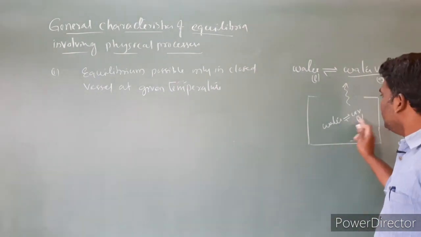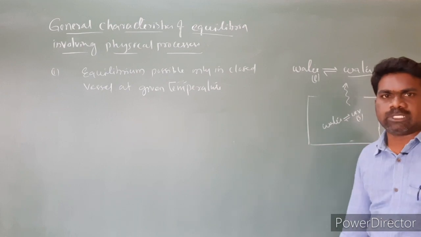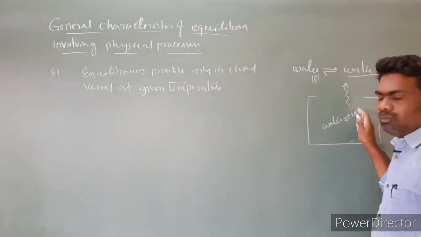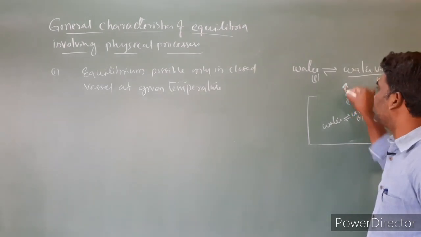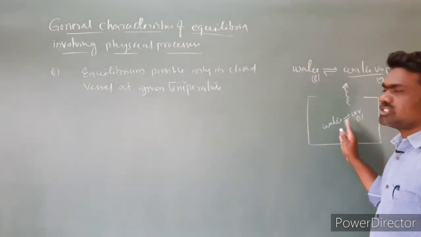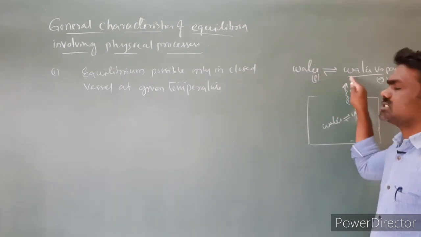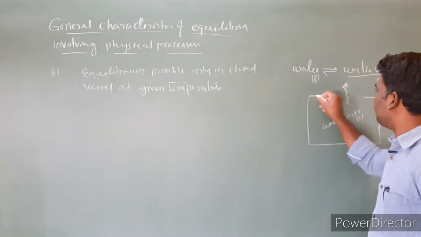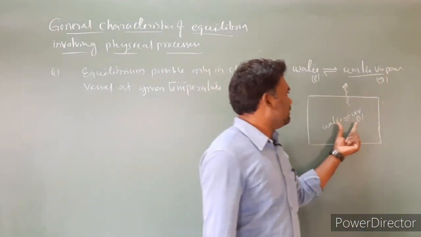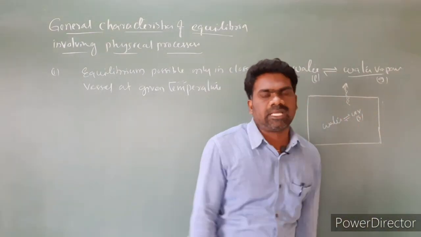So the reverse, backward direction is not possible. Only the forward direction, water converting into water vapor, occurs, and the vapor escapes from the container. Backward direction is not there, which means there is no existence of equilibrium. Whenever the vessel is closed, then only the backward direction is possible and equilibrium is established.